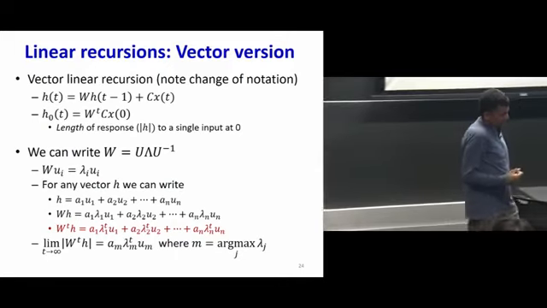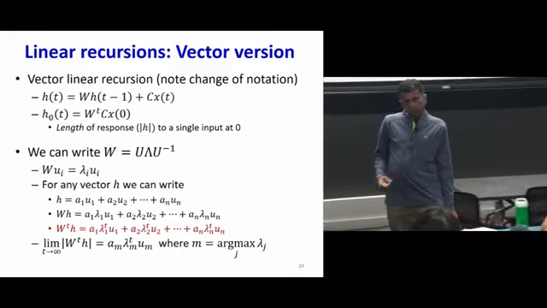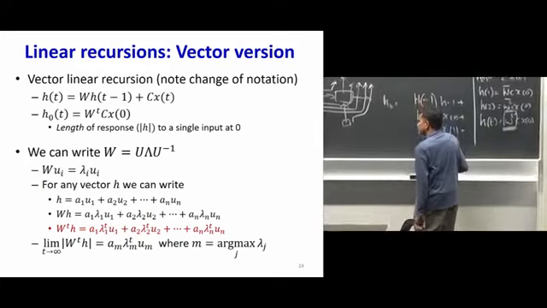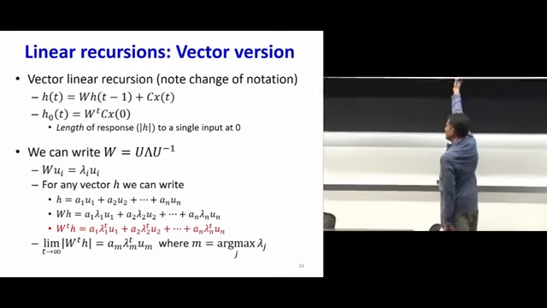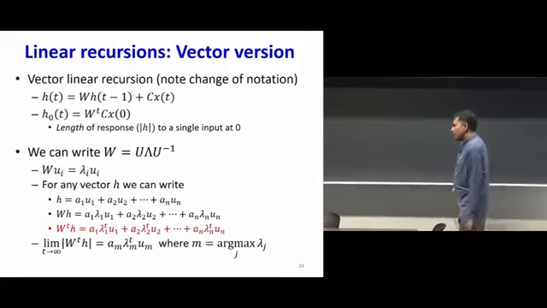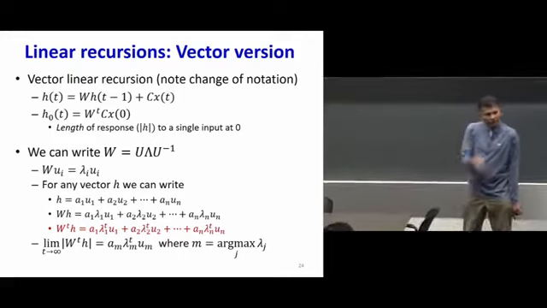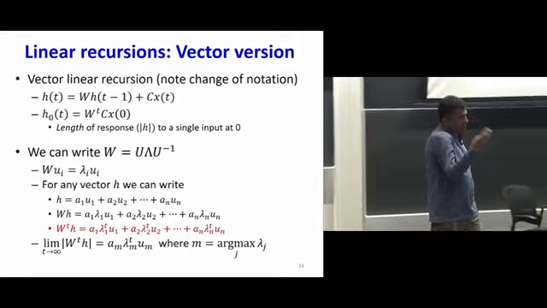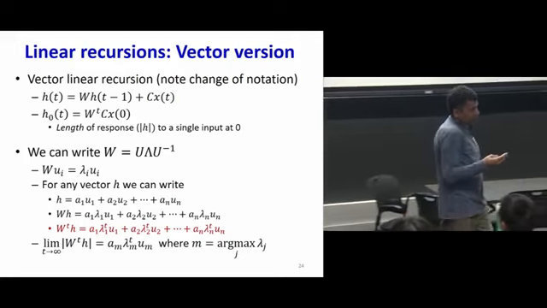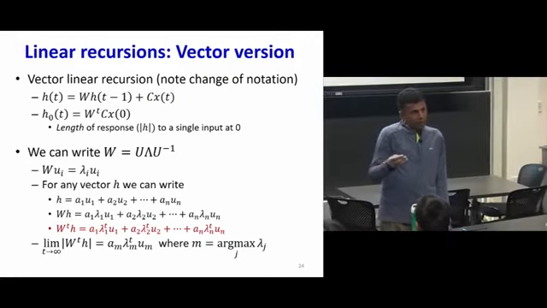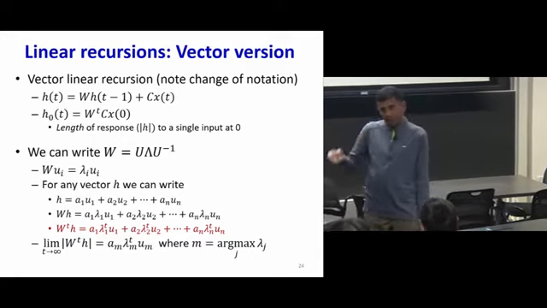Now remember that W is the matrix that connects the H at any one time to the H at the next time. So what is the shape of W? Is it rectangular or square? Square, because the size of H is the same at every time.